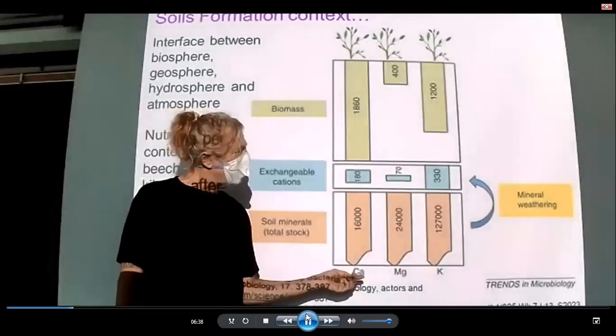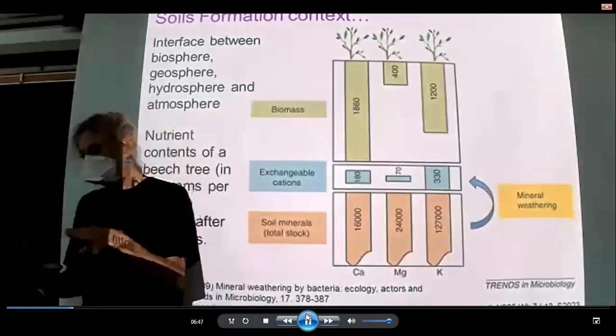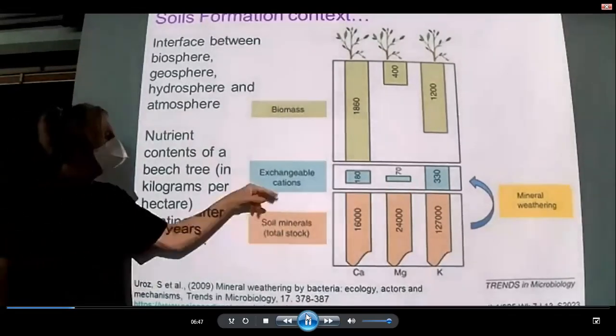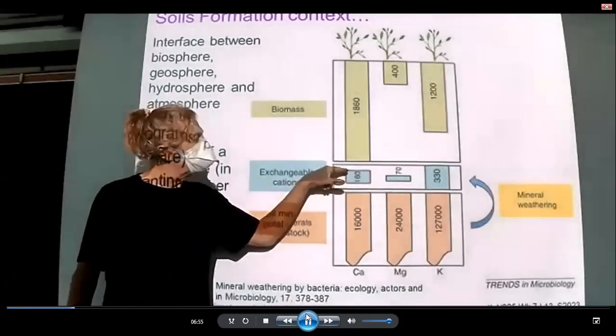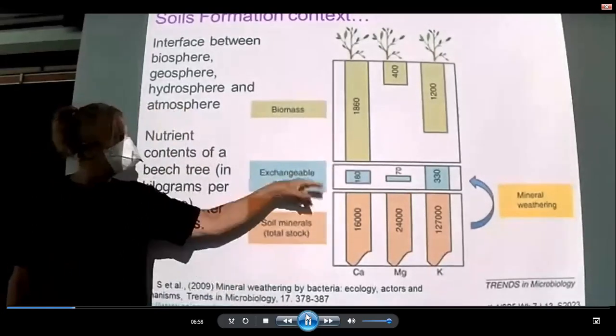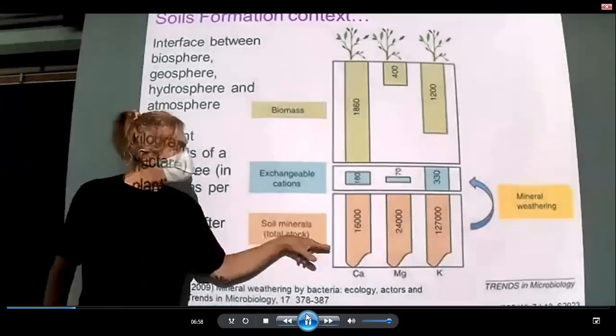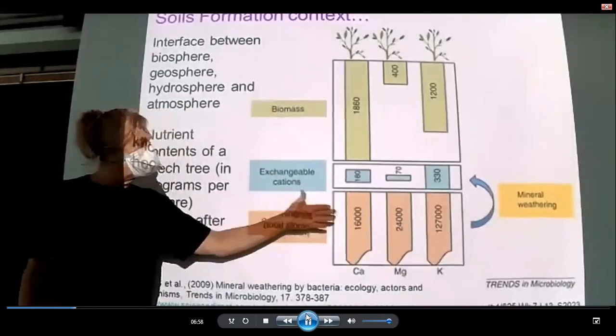But importantly, when we do things to soils that change the exchangeable cation status of the clay minerals, which are the primary repository for them, plus minus organic matter, which can also hold some of these things, we can change the availability of these important nutrient cations for plants.